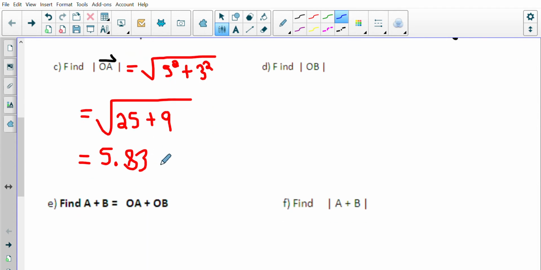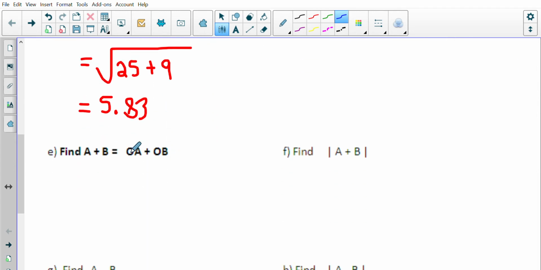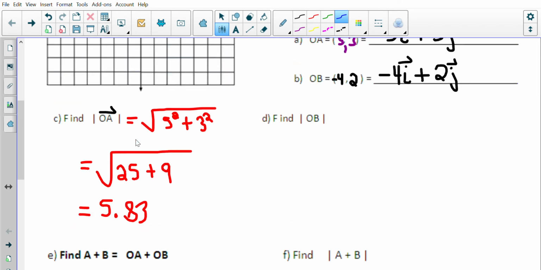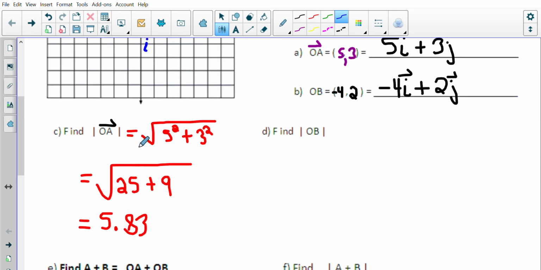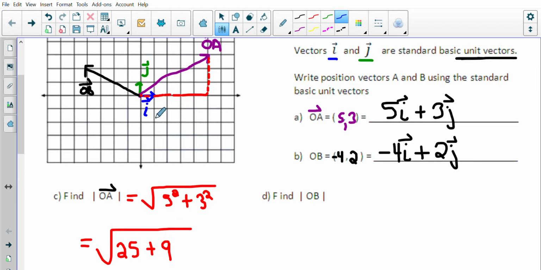All right, now we get to find A plus B, so we're adding vectors. The only time we've added vectors is when we've drawn diagrams to add vectors. Well, I'm going to use my vectors represented as unit vectors, broken up into unit vectors, and I'm going to add them.